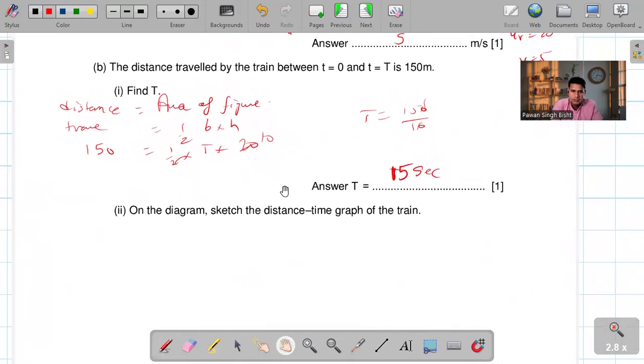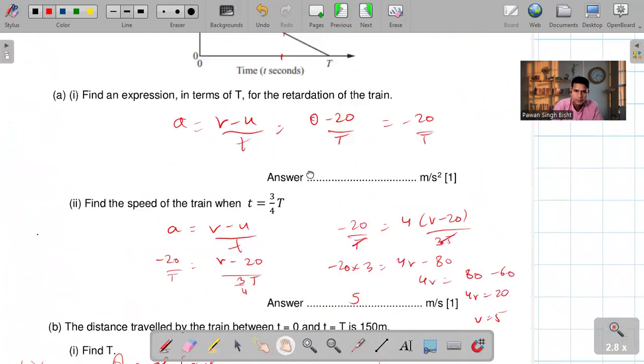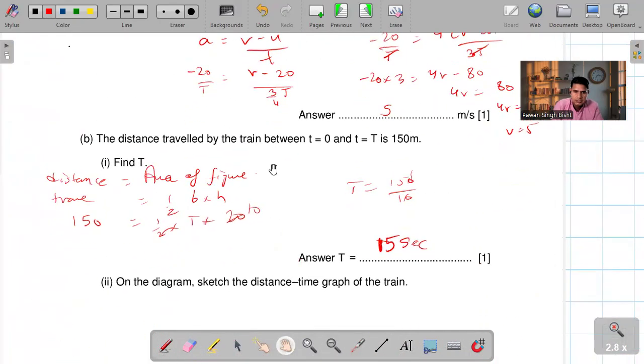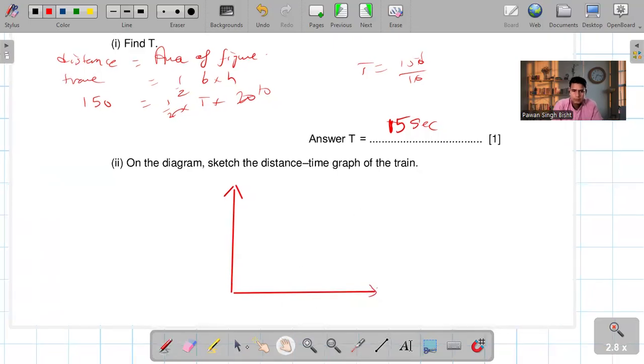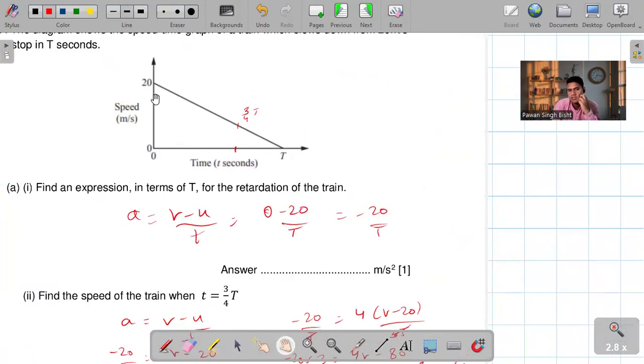On the diagram, sketch the distance time graph for the train. As you can see, the speed is decreasing with time, so you have to show the distance time graph of the train. Initially the speed is 0.